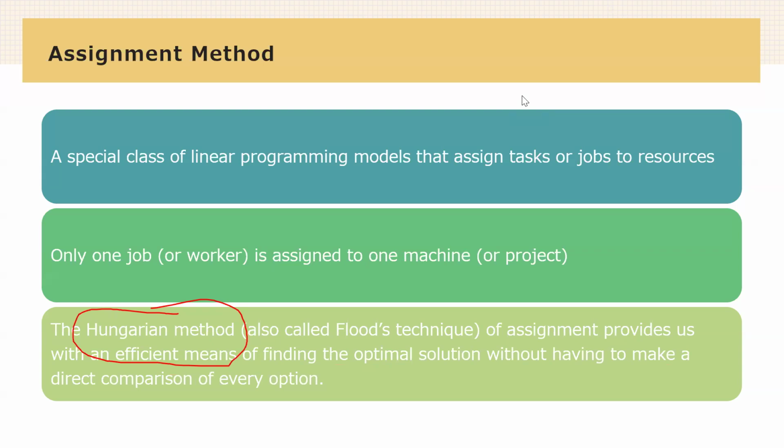If we express the model as a mathematical model, there will only be one i to one j, where i expresses the row and j expresses the column.